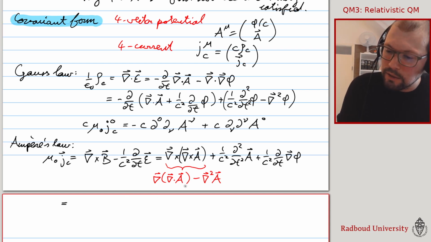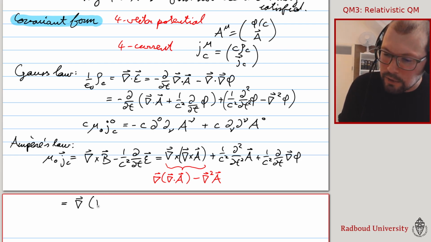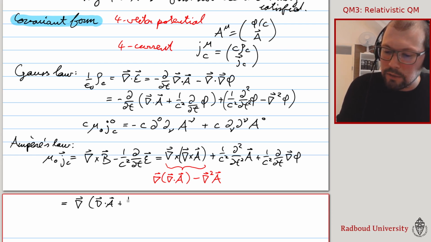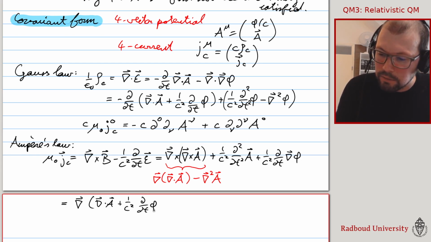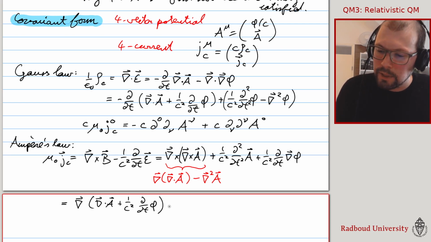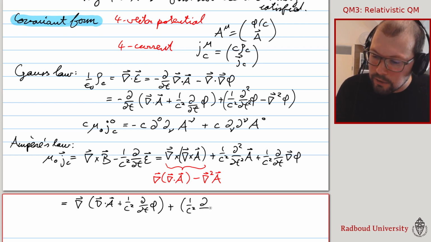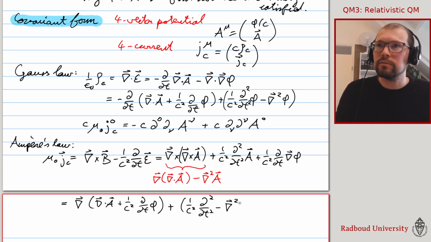This is the gradient of the divergence of A, but here I also had a gradient of the time derivative of phi, so plus 1 over c squared, sorry, time derivative. And then for the other terms, I have the second derivatives minus the Laplacian.